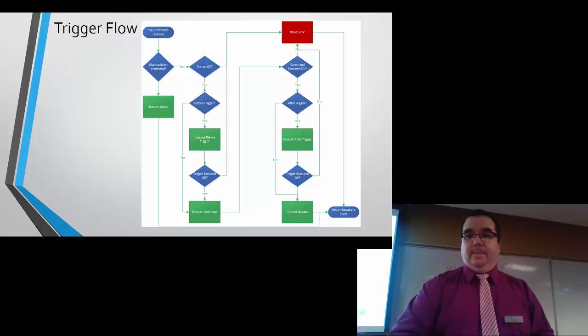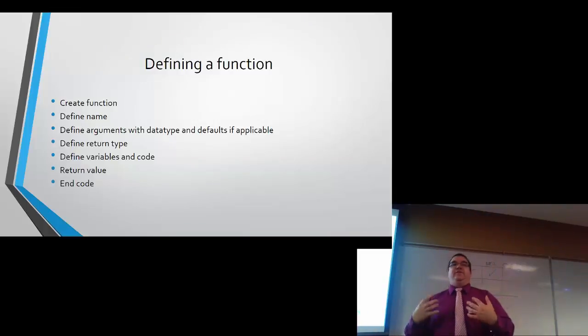All right. Now, defining a function, and triggers and functions have a lot related to each other. Next week I'll cover how they're done in Postgres, the trigger side of it. But when you define a function, there's a bit of syntax. There's the create function command. You've done create table, you've done create a few other things, and you can create that. Then you give it a name. Then there's some arguments with the data type that's applicable and defaults. It sounds familiar, right?